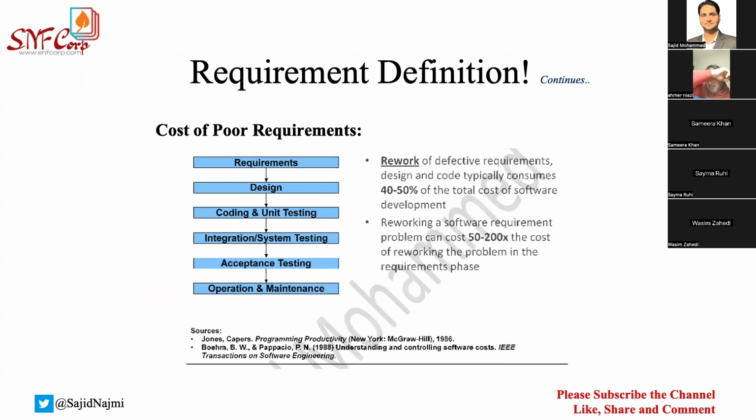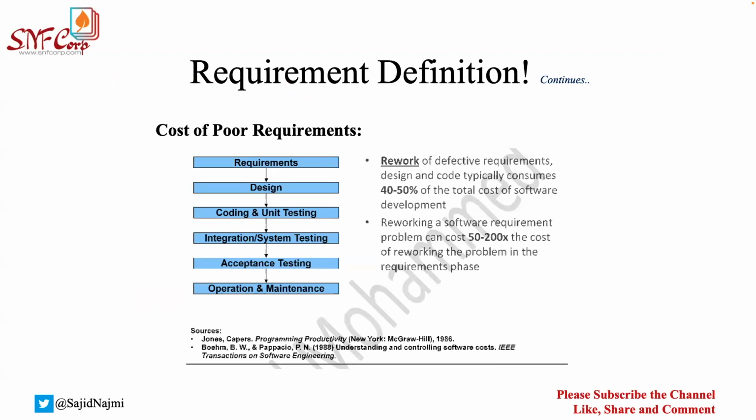Now, what is the cost of poor requirements? We just saw that if we fail to define the correct requirement, the project fails, and a lot of things happen. It is well said that rework costs 40 to 50% of the total cost of the software. Say you have $100,000 for one project, and if you fail and do rework, you will end up spending $140,000 or $150,000.